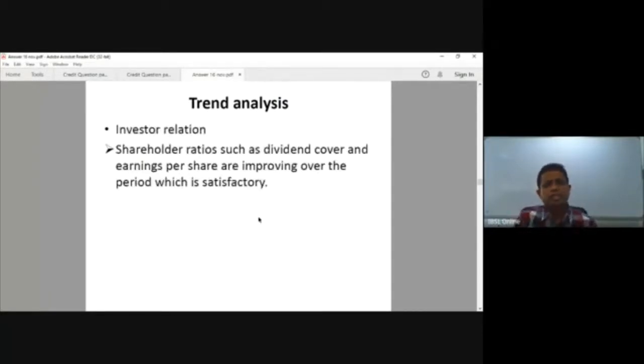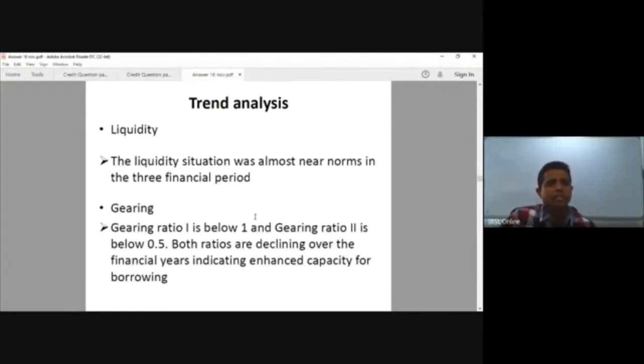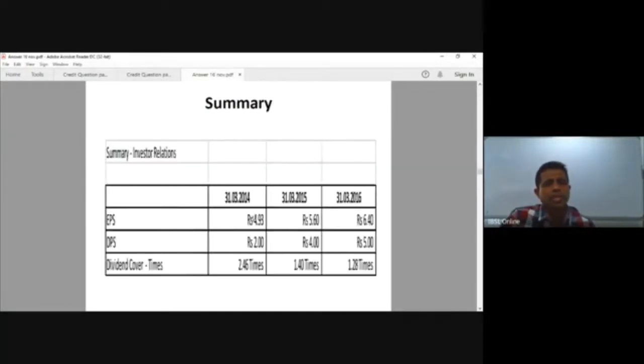Then investor relations. They talk about shareholder ratios such as dividend cover and earnings per share improving over the period, which is satisfactory. But I have a concern, which I mentioned previously also. Here, DPS is almost double, almost triple compared to 2014.